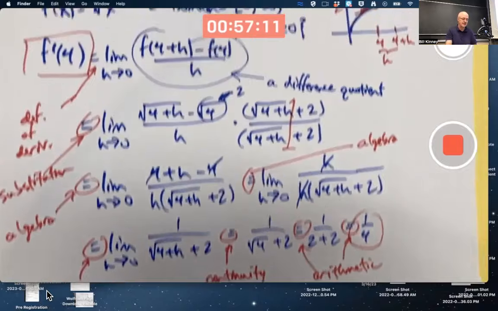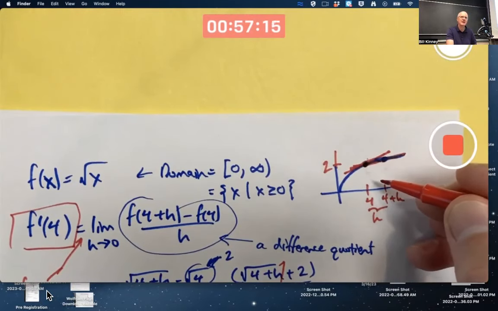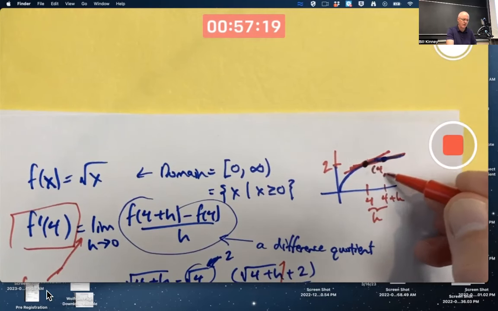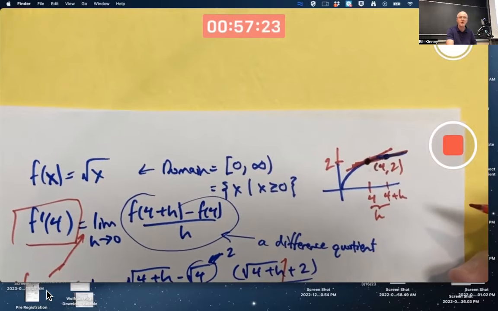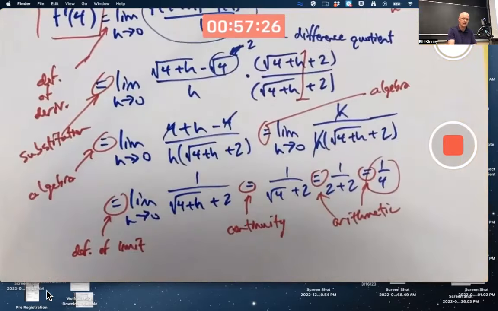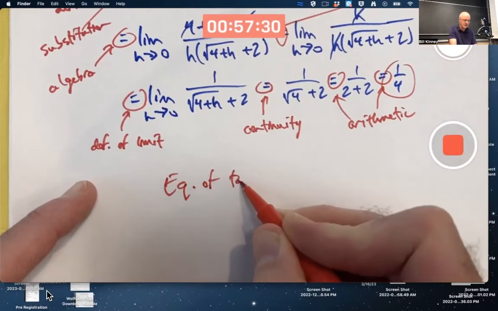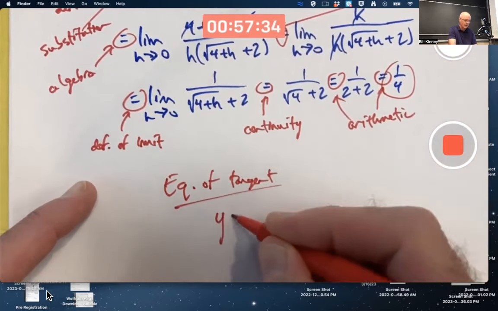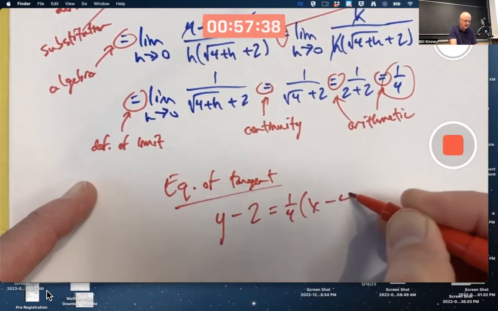So 1/4 is the slope of the tangent line. What's the equation of the tangent line? Well, I can use the fact that I know it's got to go through the point 4,2. So I can use point slope form. The equation of the tangent using point slope form would be that, right?